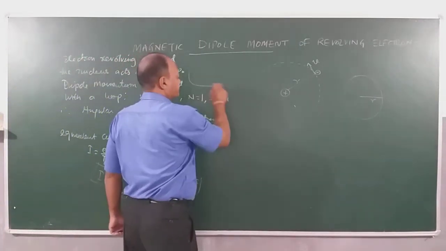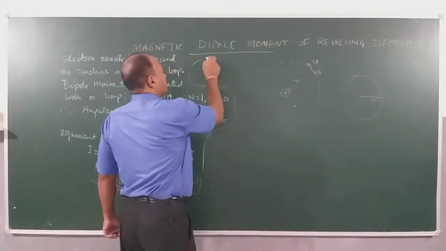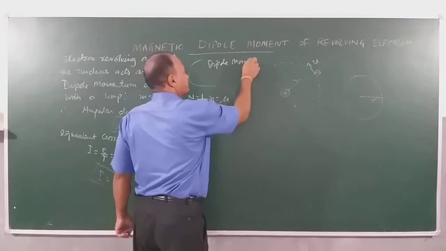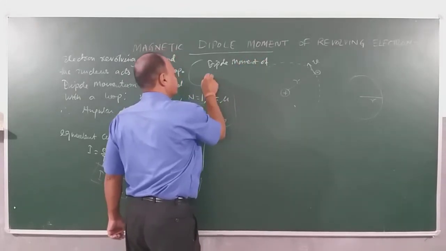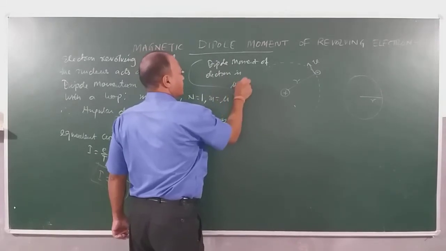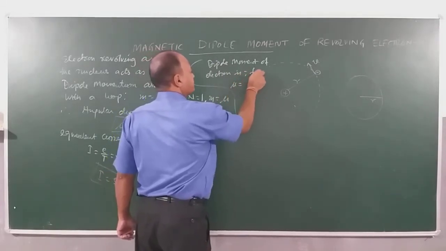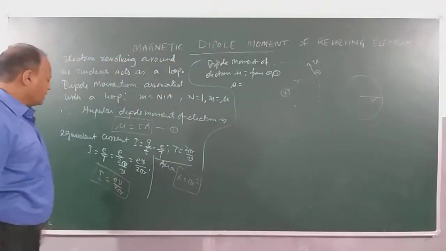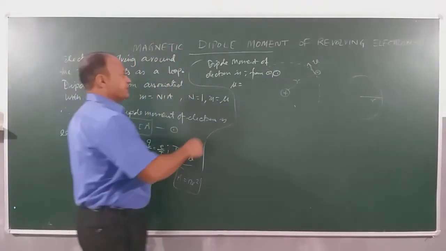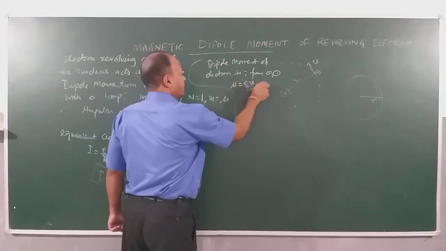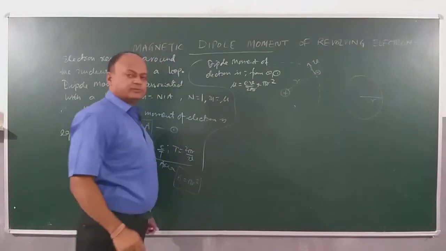Therefore, the dipole moment of the electron, mu, is equal to, this is from equation 1, mu is equal to I, that is e into v by 2 pi r, and area is pi into r square.